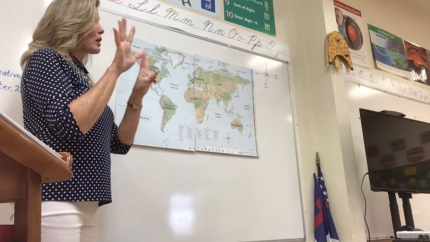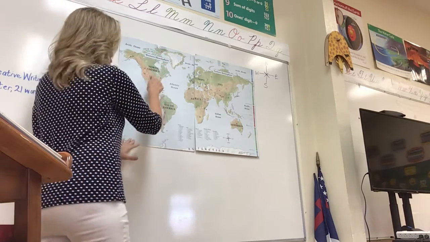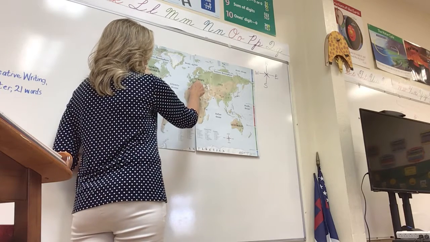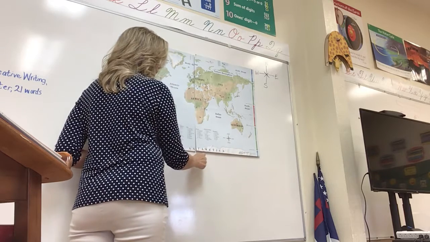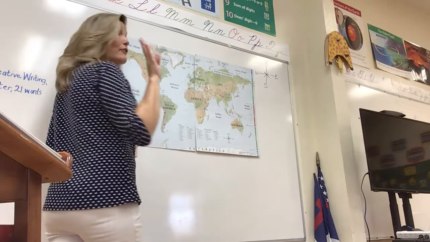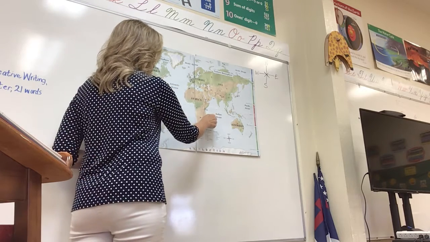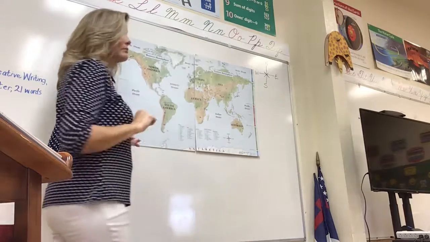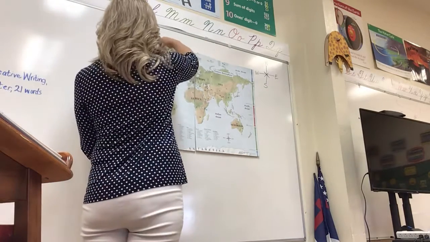So make sure you're confident about the 7 continents. 1, 2, 3, 4, 5, 6, 7. And the 4 oceans. 1, 2, 3, 4. Okay? Make sure you're confident about those.